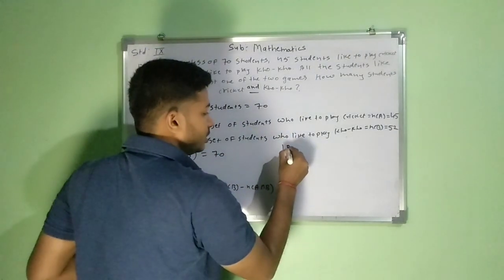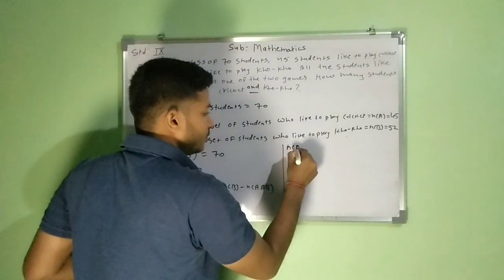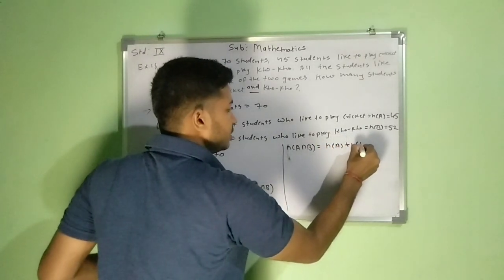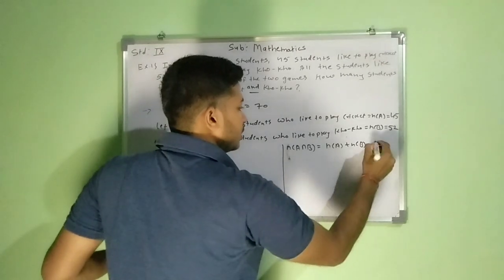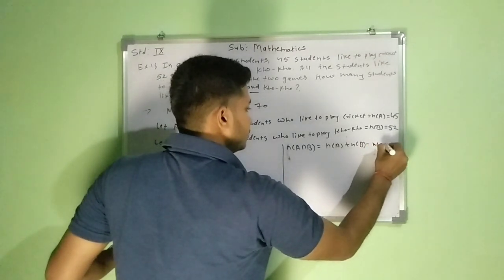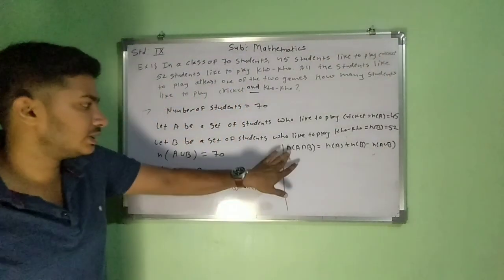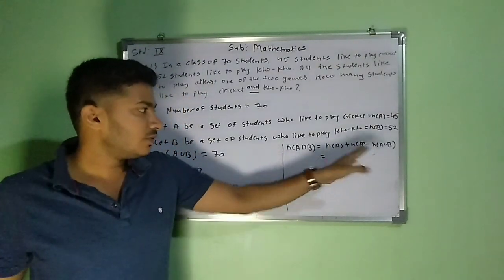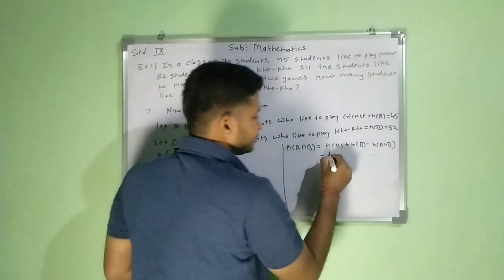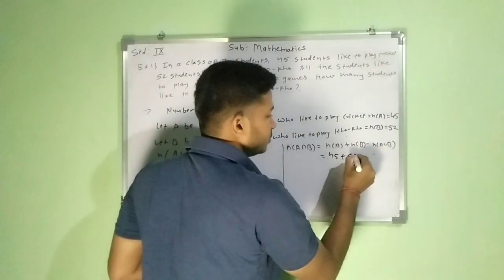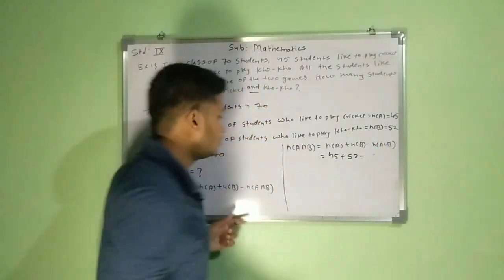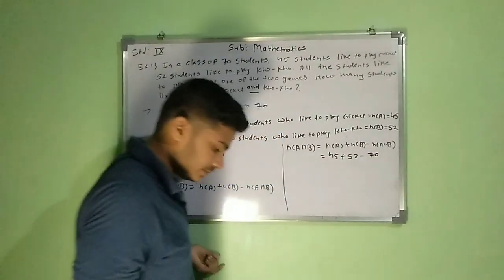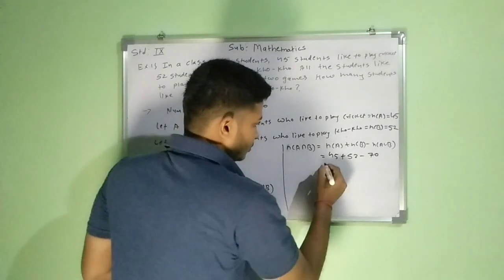So our formula will become n of A intersection B is equal to n of A plus n of B minus n of A union B, because we know the value of A union B and A intersection B we have to find. Now look at our formula, all values we have: n of A which is 45 plus n of B which is 52 minus n of A union B, which is 70.